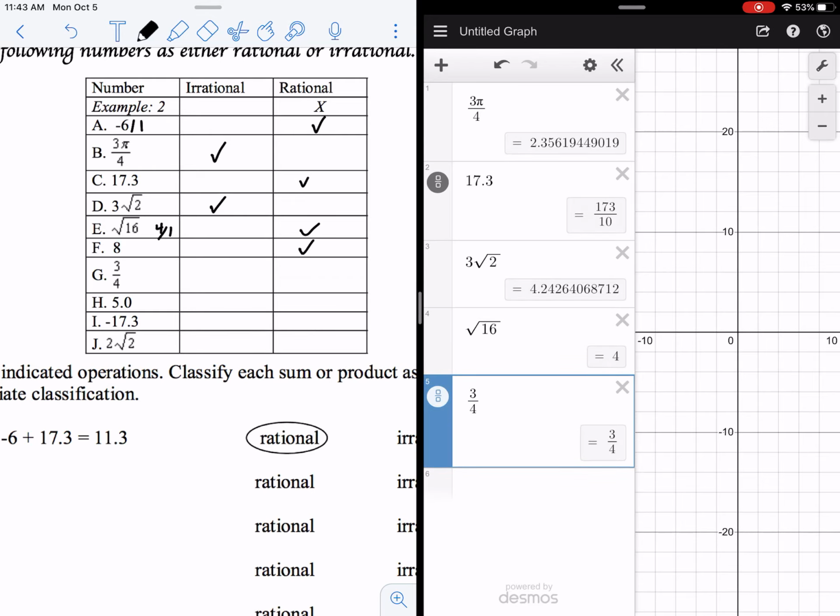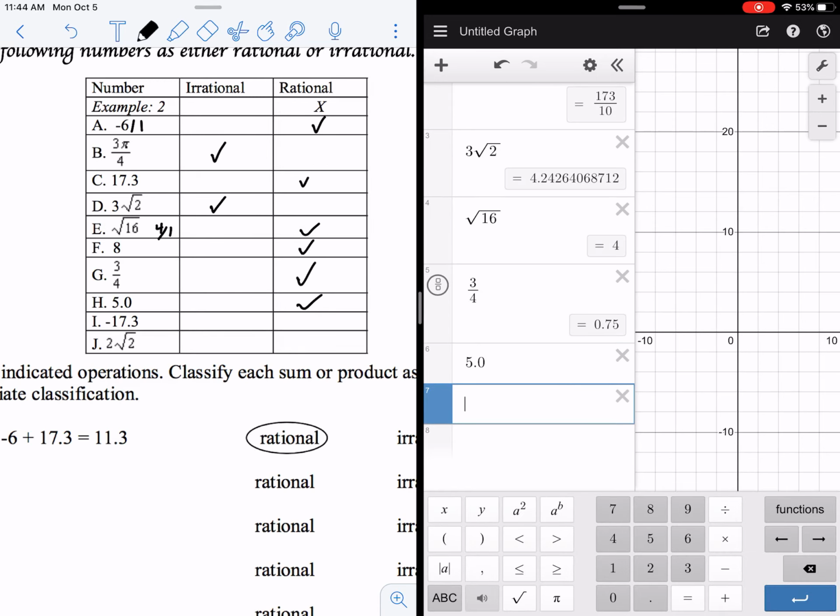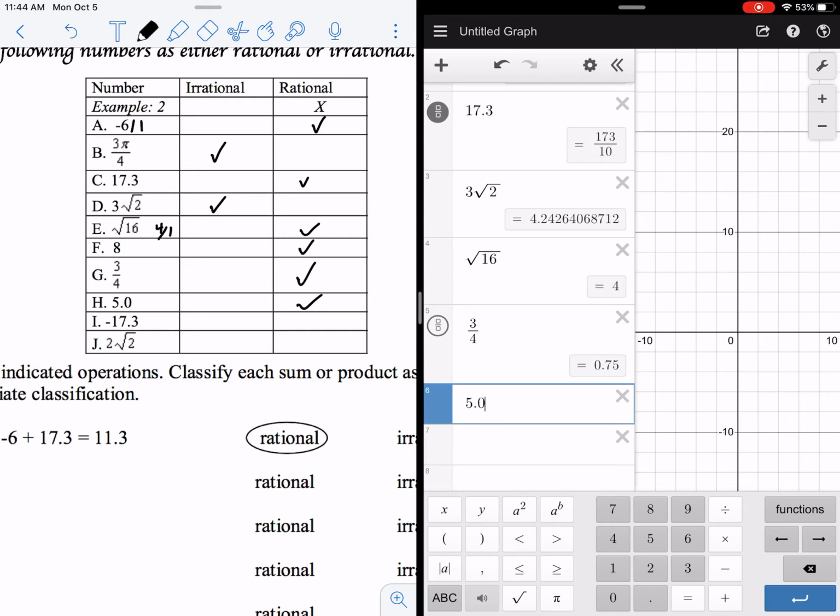Again, it gives me this fraction button, 0.75 or 3/4. 5.0, still a pretty number. All right, 5.0 is just 5, which can be written as 5 over 1.